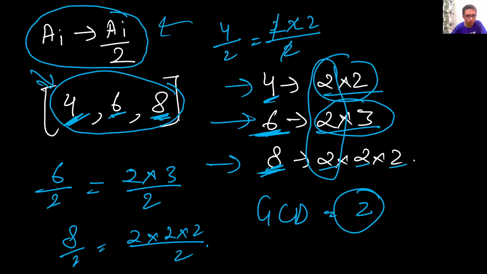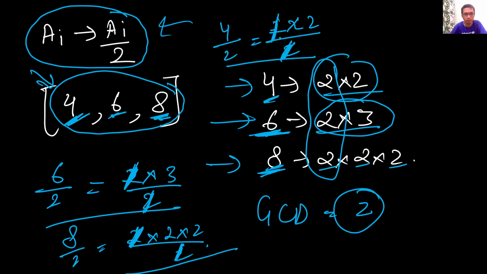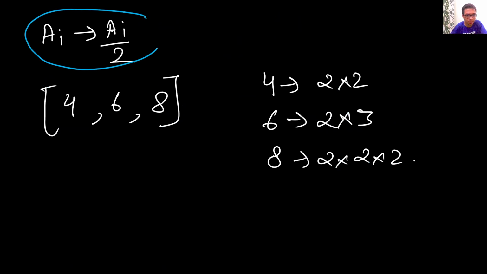In all these three cases, if I divide these factors by 2, I'm simply removing a 2 from the factors. So if I perform an operation on any of these 3 array elements, I'm simply removing a 2 from the right hand side.